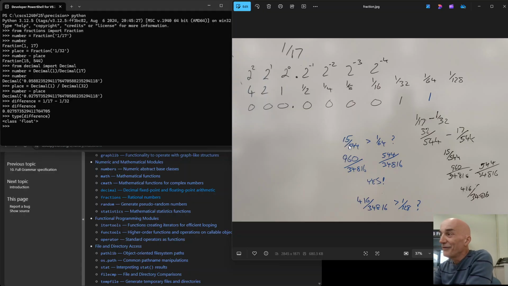So 15/544ths becomes 960/34,816ths, and 1/64th becomes 544/34,816ths. 960 is bigger than 544, so yes, there is a 1/64th in there. We subtract it away and get the remainder to see if it's not 0. As long as it's not 0, we need to keep going until we give up. If we give up, there's a rounding error.